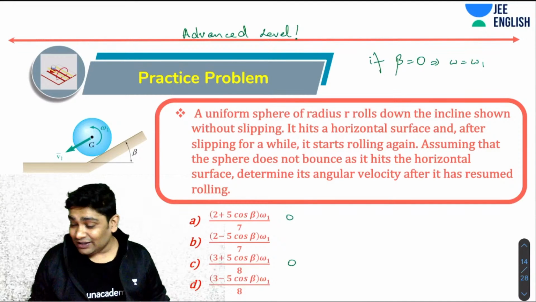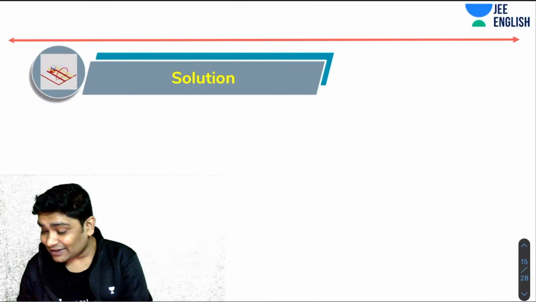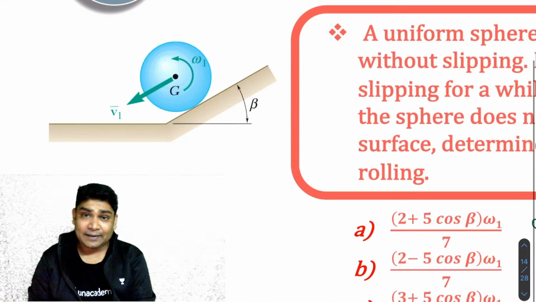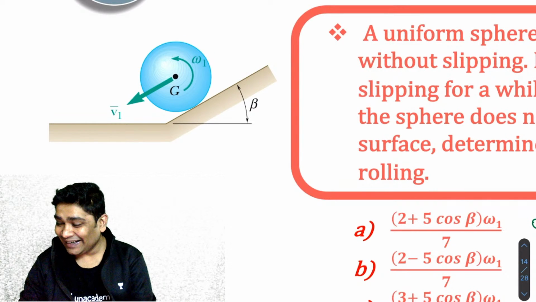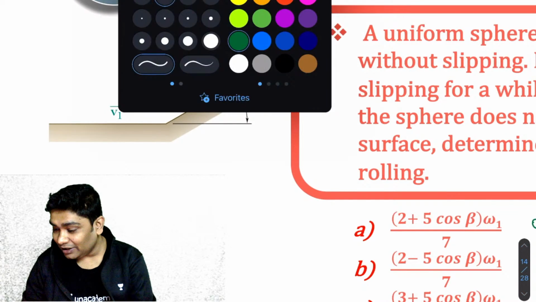So how would you solve this? The very interesting thing is, if I draw the FBD here, I wanted to draw it again, but I'm a little bad at drawing.